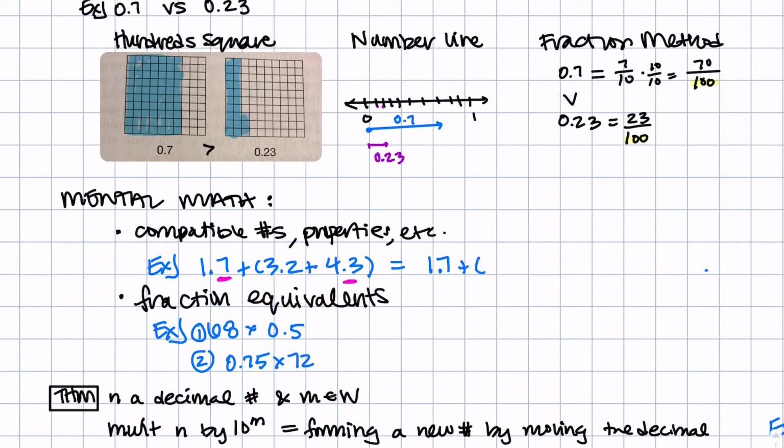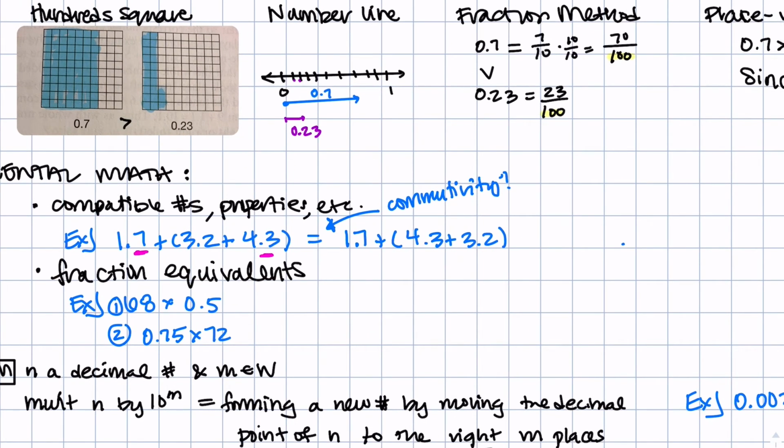I can do this in a couple of rudimentary steps, baby steps here. I can just change the order of the addition, by commutativity, just changing the order of 4.3 and 3.2. And then by associativity, I can change where my parentheses are. So this is associativity.